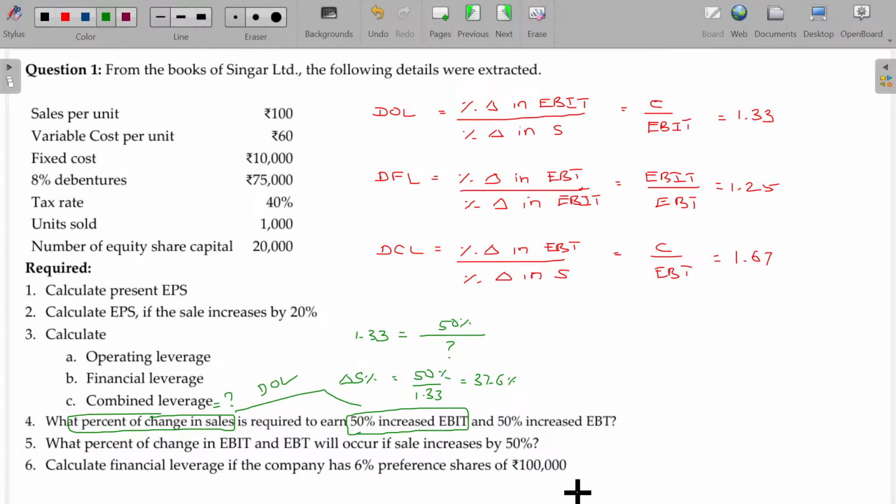Usually what you do, you multiply the percentage change in sales with the operating leverage, the operating leverage being 1.33. We are using the reverse calculation to get that. 37.6 into 1.33 is equal to 50. Otherwise, 50 divided by 1.33 is the percentage change we have to make, so that we will have 50% EBIT change. Option 1.